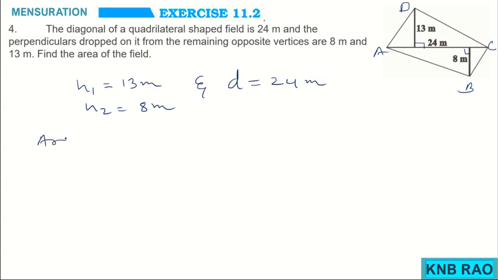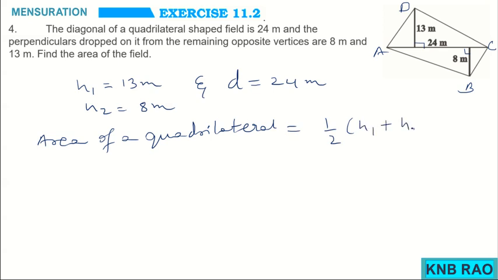So we have learned the formula: area of a quadrilateral is half of the sum of the perpendiculars dropped from the opposite vertices onto a diagonal, times the length of the diagonal. So that is half of (H1 plus H2) into D.